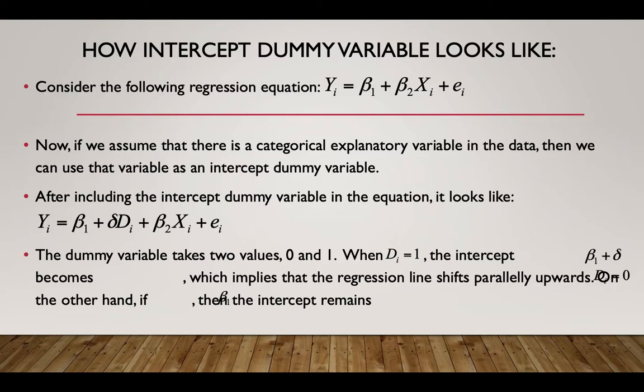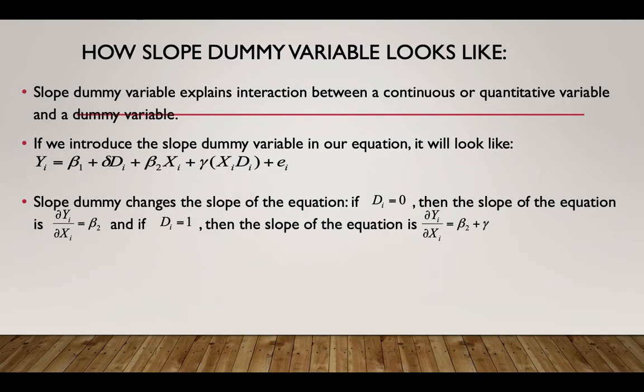So, the intercept will increase from beta 1 to beta 1 plus delta, and if di equal to 0, then the intercept remains as beta 1, which is the older regression line. So, this is the case of the intercept dummy variable.